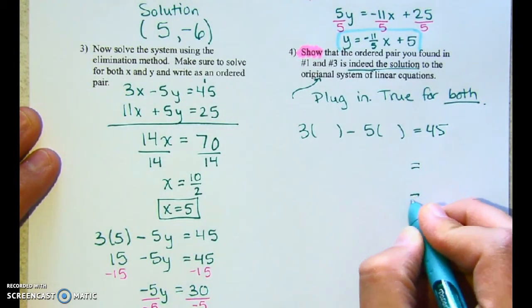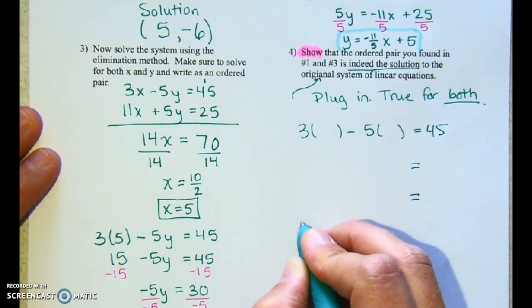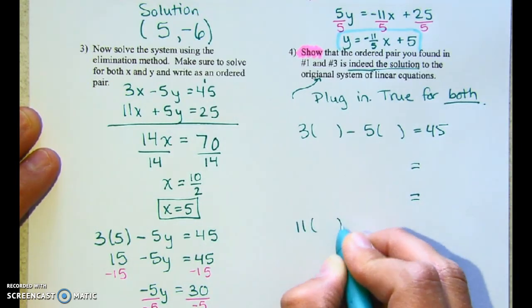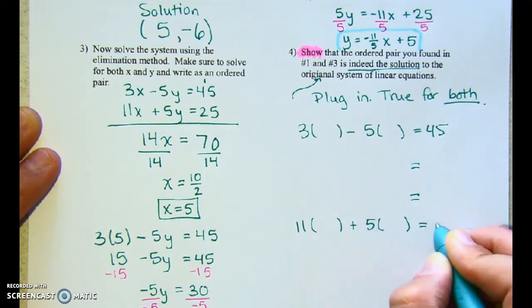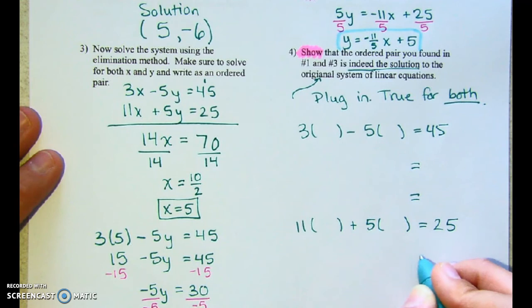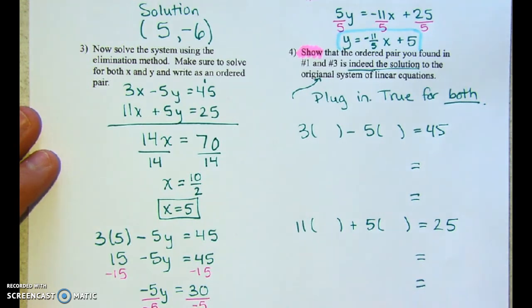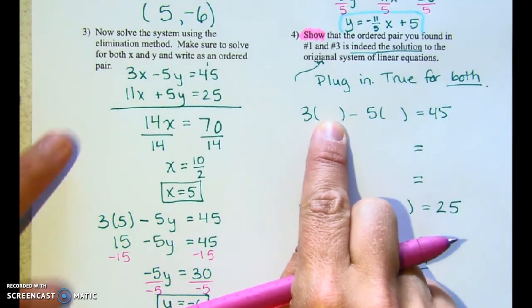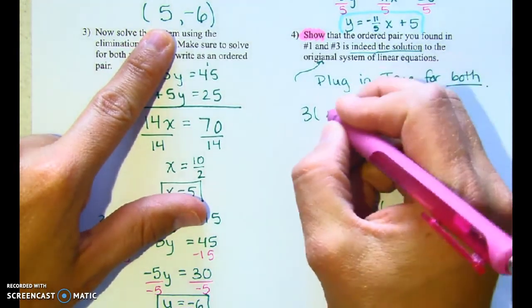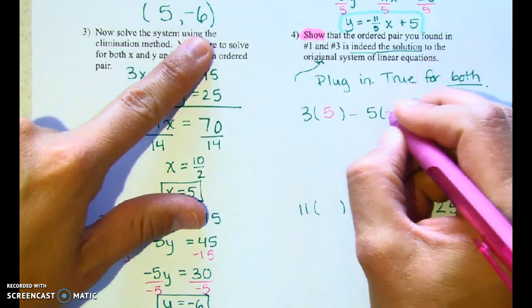Then we're going to plug it into the second equation, 11x plus 5y equals 25, and show that that is a true equation. You ready? What is our x value? X is first, so x is 5, and the y value is negative 6.